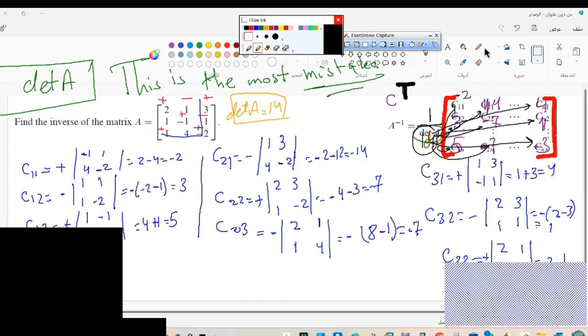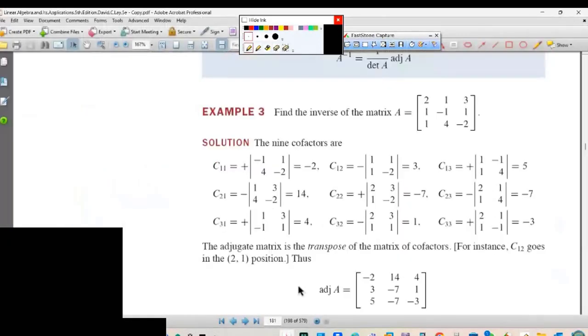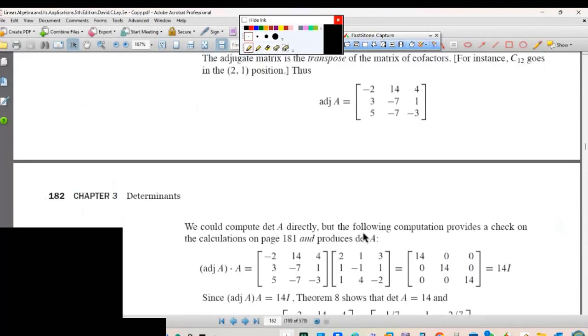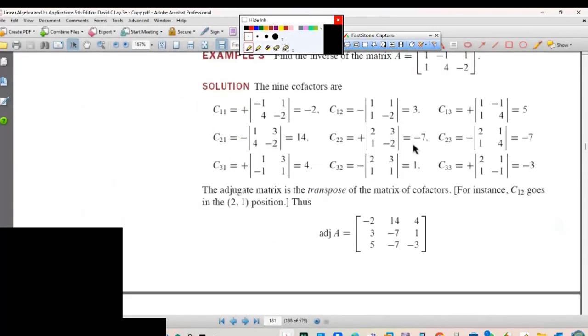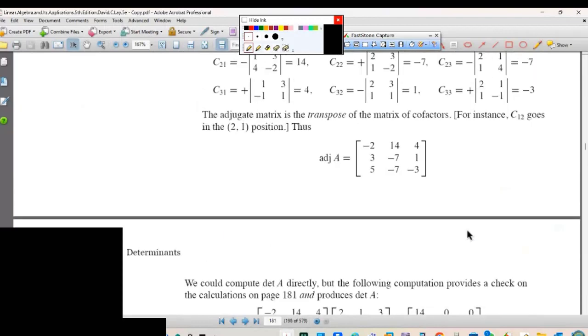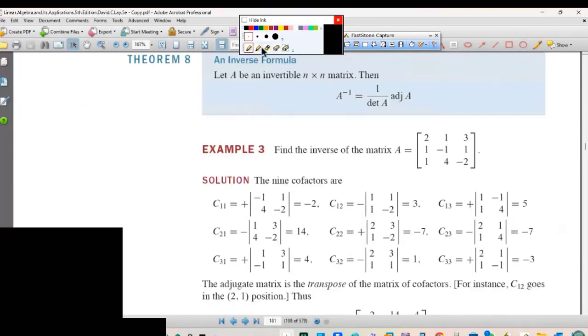Okay. See our book. In your book also, he made the mistake. He calculated C11, as you see here, then calculated the determinant, and this is wrong. First of all, he must calculate the determinant of A, because here, see, it is 1 over det A first.